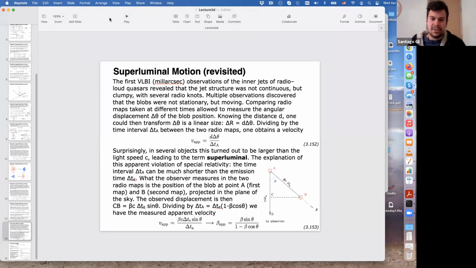I have a question. I understand the situation, but I don't fully understand why this apparent velocity is greater than c in some objects. Right. So it comes down to the fact that this thing has some velocity in this direction, a fraction of which is going in our direction, and so you have light which is emitted, and you have this thing moving at some fraction of the speed of light.